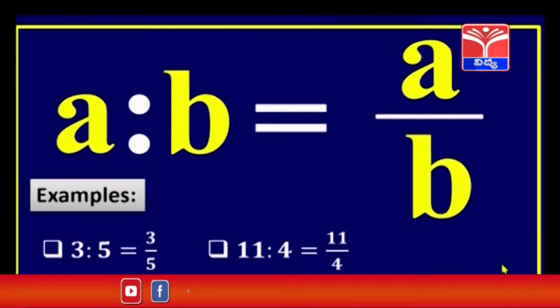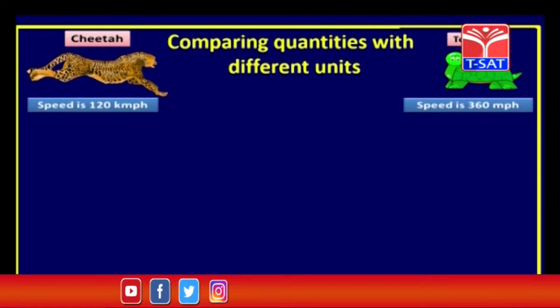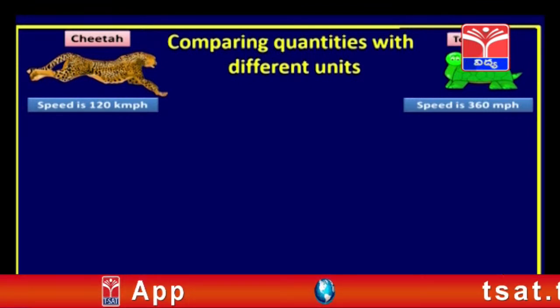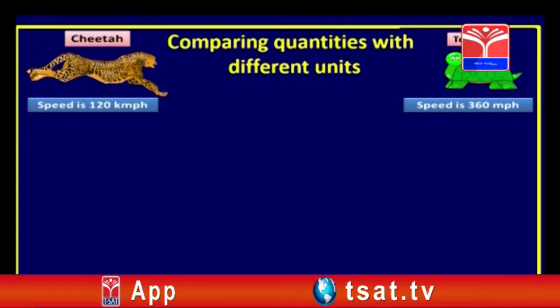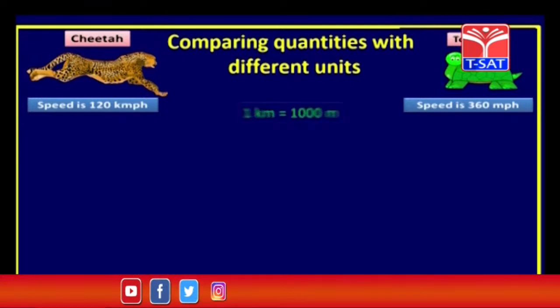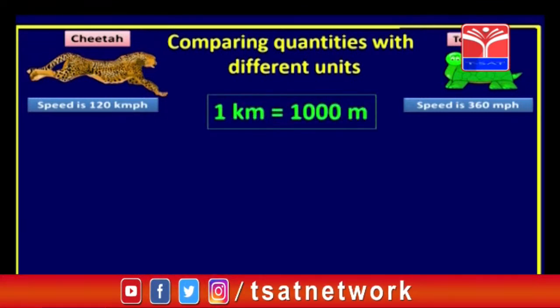Got it children? Now let us compare quantities with different units also. We can compare different units also, but only on converting them into the same units. Let's see how to compare the speeds of both the cheetah and the tortoise. We know that 1 kilometer is 1000 meters, isn't it children?